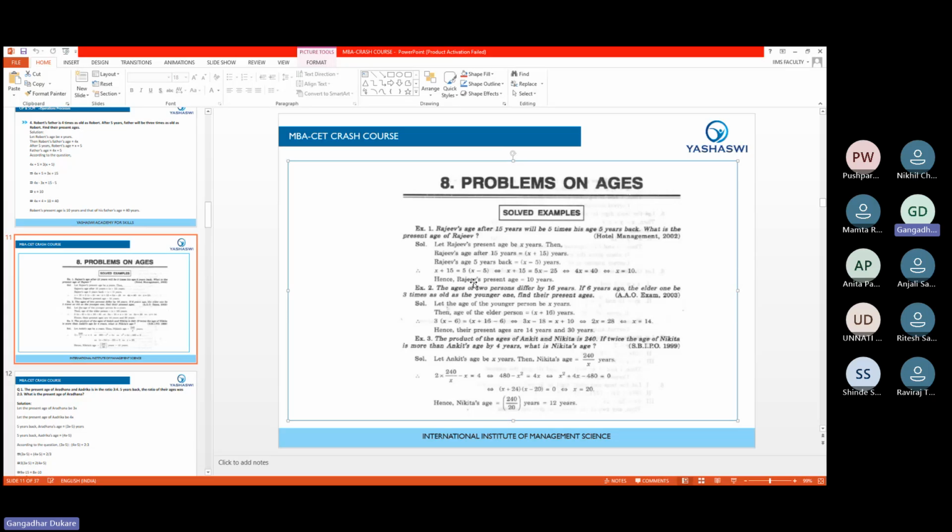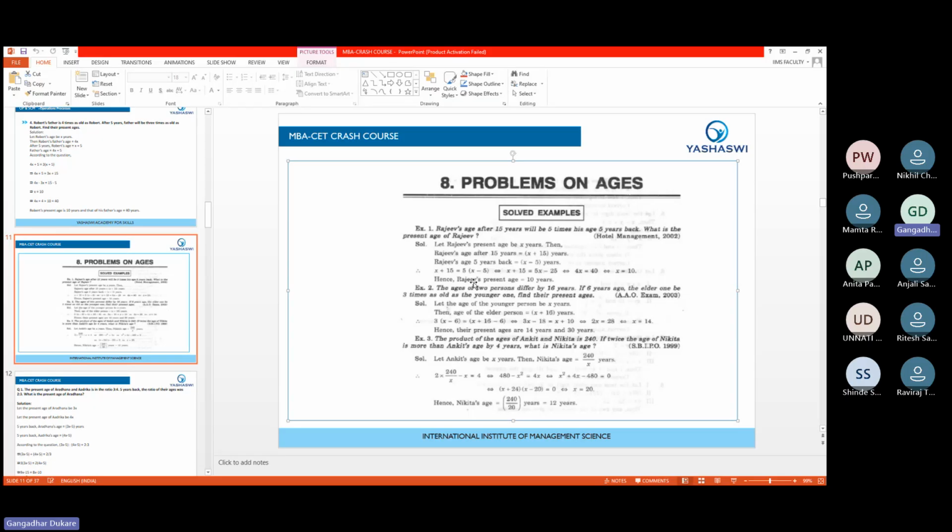So x plus 15 equals 5 multiplied by x minus 5. So x plus 15 equals 5x minus 5 into 5, that is 25. The final equation is x plus 15 equals 5x minus 25.